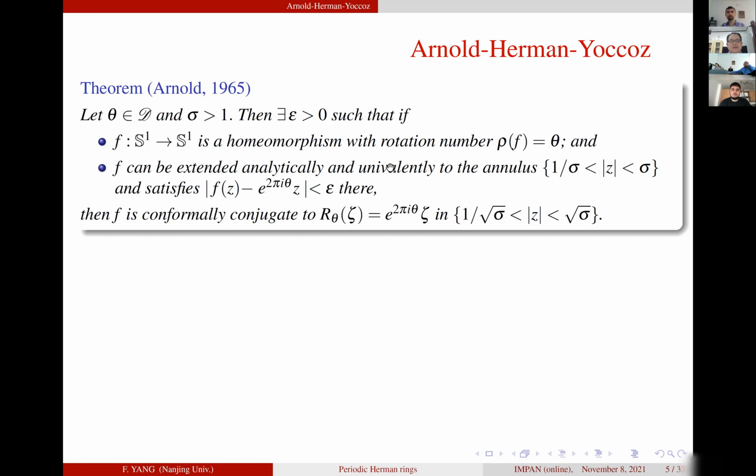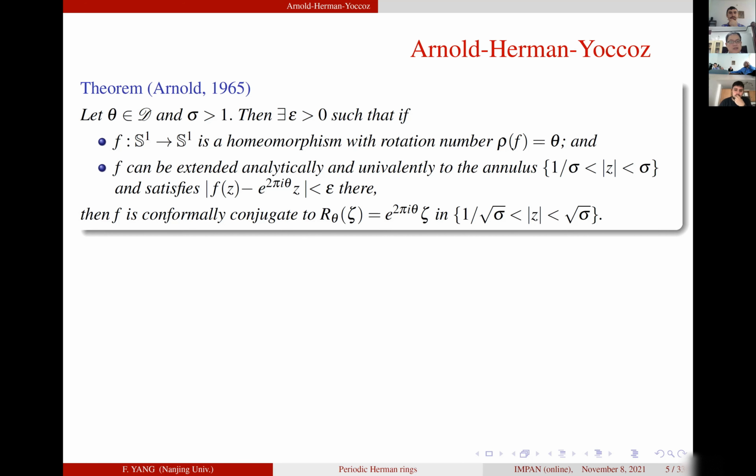But as far as I know, it is not easy to find such an f, because such an f is required to be very close to the rigid rotation, and it is also required to be uniform in a neighborhood of the unit circle. It also has a rotation number of Diophantine type.